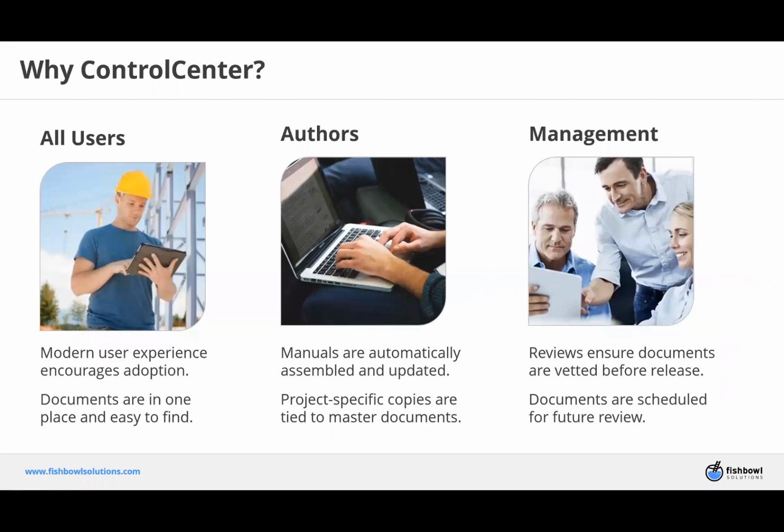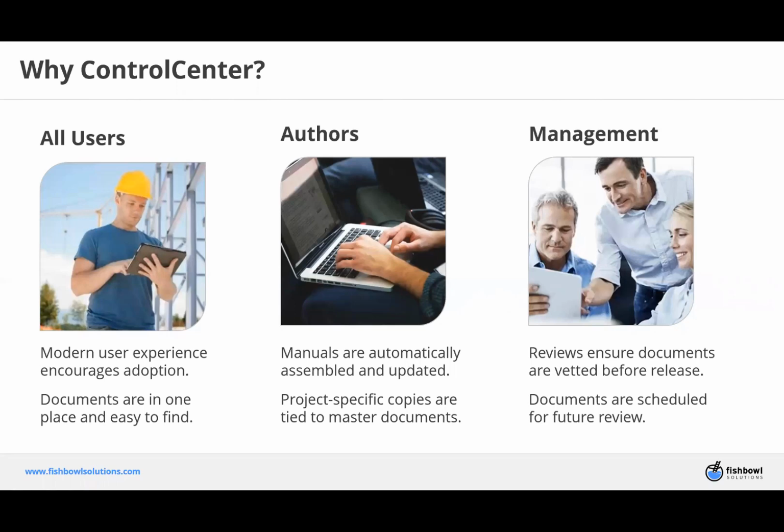This helps the authors who need to create a project-specific document do so very quickly and easily by saying create a copy, and now you have something to work from that's faster to edit. But also when the master version needs to be updated, you can easily see all the offshoots that have been created. Maybe there are lessons learned within those or new things that I want to ripple back up.